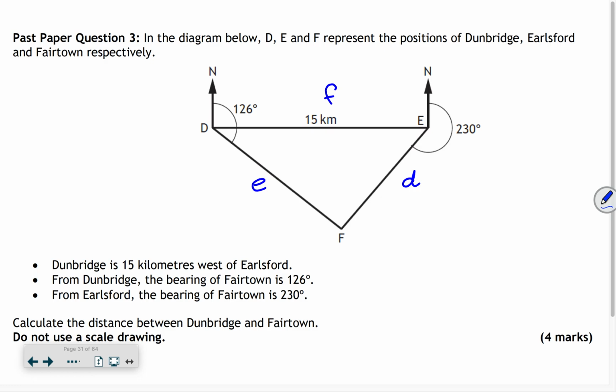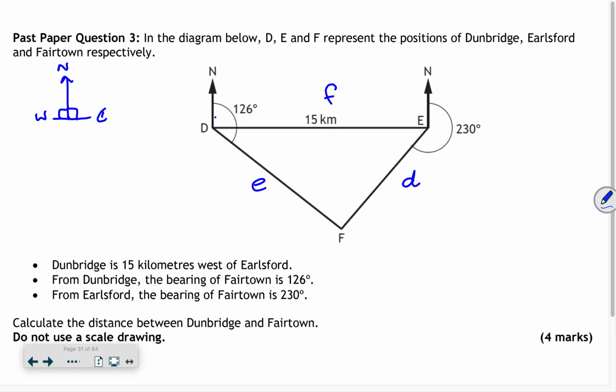It says that Dunbridge is 15 kilometres west of Earlsford. So if something is west from something, then it goes in a straight line from west to east. According to the compass, if you have north here, and you have east here, and you have west on that side, then the angle between west and north and east and north is going to be 90 degrees.